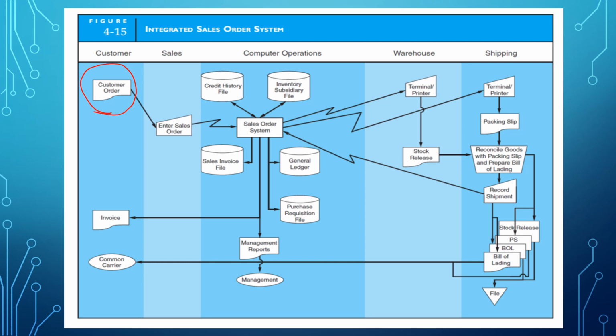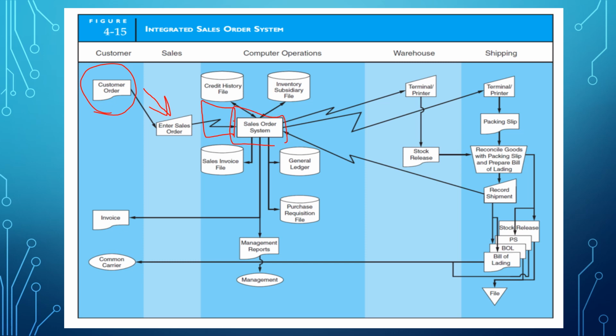From this point, in the sales department, you have a terminal to enter the sales order, and we can see the zigzag arrow. It shows that it is real time update, and the square of sales order system is the computer processing.